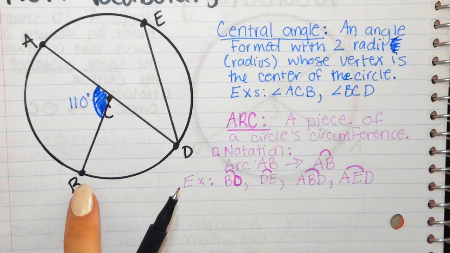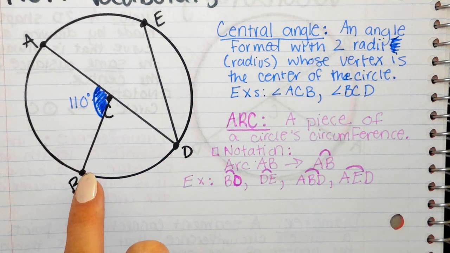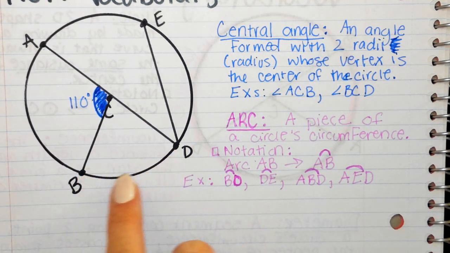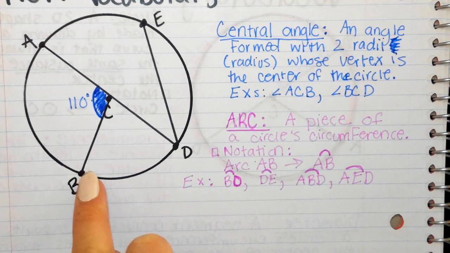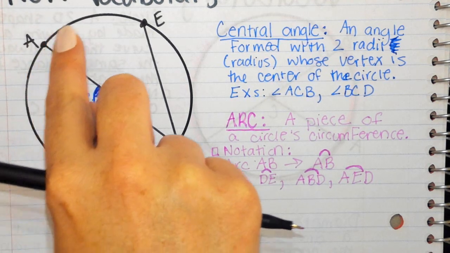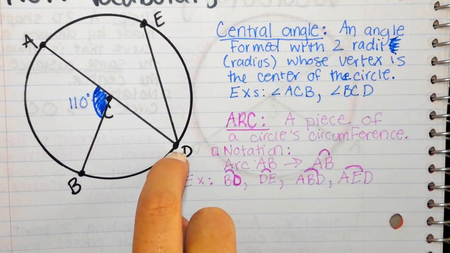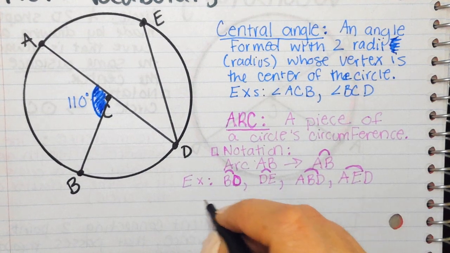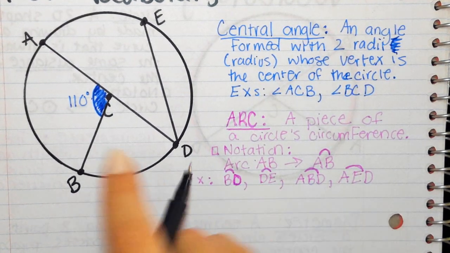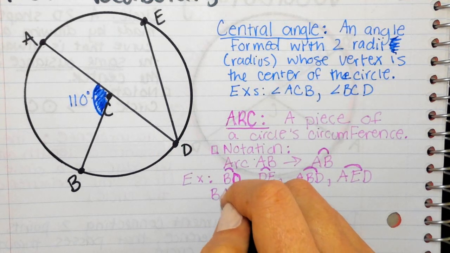For example, if I say arc BD, I could be talking about this arc here, from here to here, or I could also technically be talking about the arc that goes from here all the way around to the other side, and then to there. If I want to distinguish that difference, then I can use 3 letters. So instead of calling it arc BD, I could call it arc BAD.